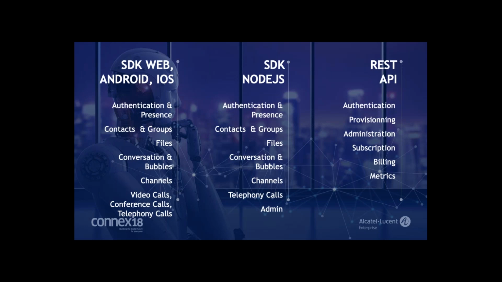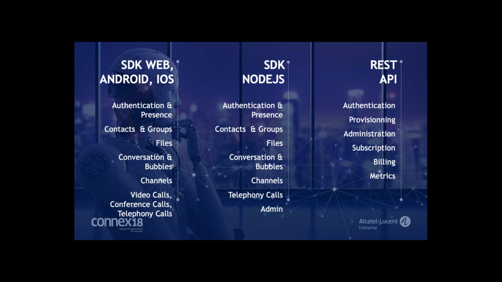You can make audio and video calls, and send notifications to a large number of persons, and then, for example, exchange files. Our specific SDK for back-end applications allows approximately the same level of features too, except the WebRTC part. But instead, you can do some administrative tasks such as creating accounts or doing provisioning tasks.